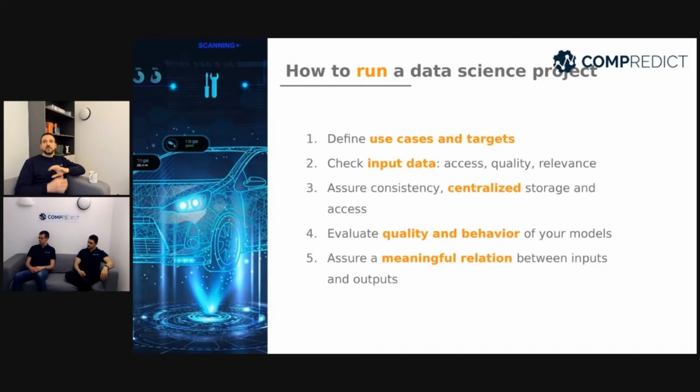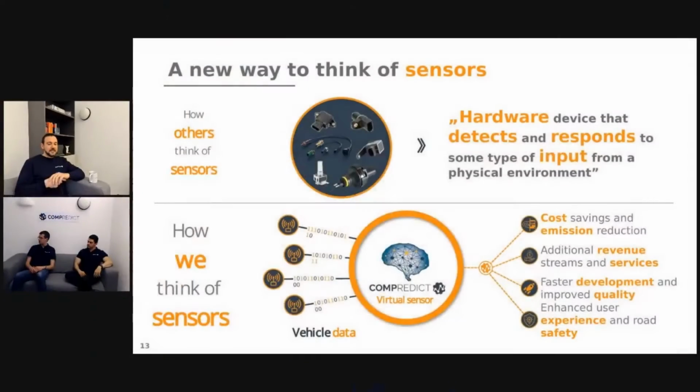So we at COMPREDICT, as I was mentioning before, are specializing in data science, and as you were mentioning as well, we are specialized in virtual sensing. And a virtual sensor is actually something which uses already available in-vehicle data to generate new insights with artificial intelligence-based, or at least machine learning-based methods.